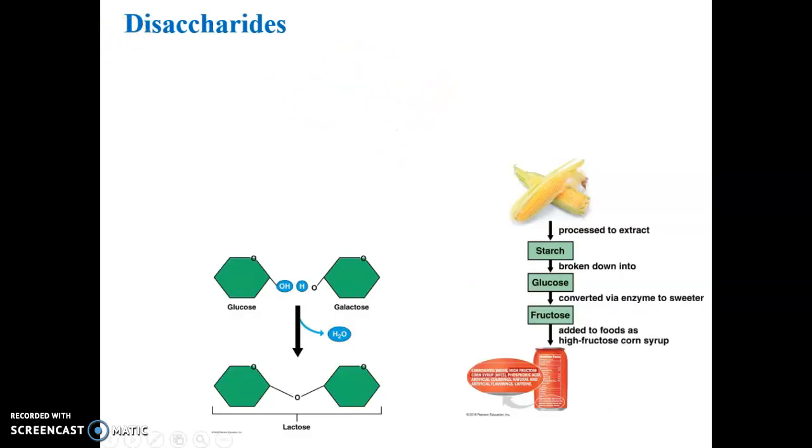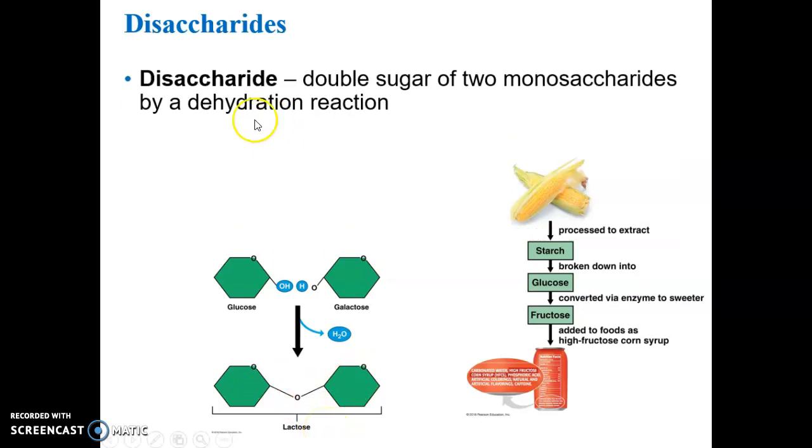Okay, so disaccharides. Di meaning two, saccharides meaning sugars. So if we combine two monosaccharides, we get a disaccharide, like lactose, which is milk sugar. Okay? So a disaccharide, a double sugar, meaning a sugar made up of two monomers.